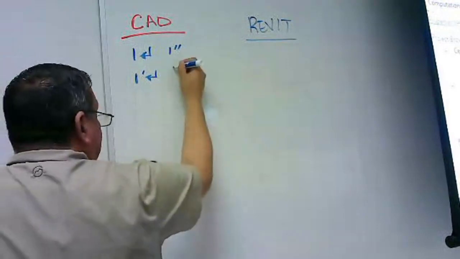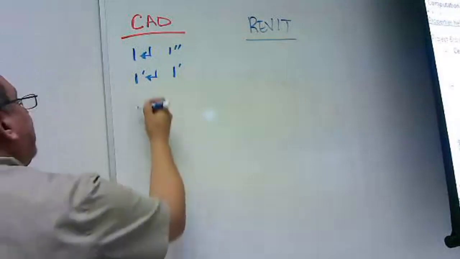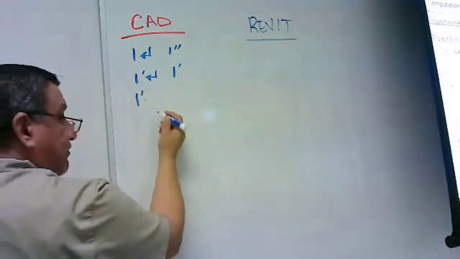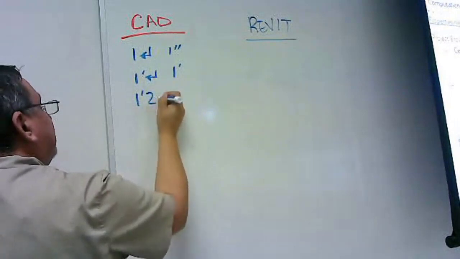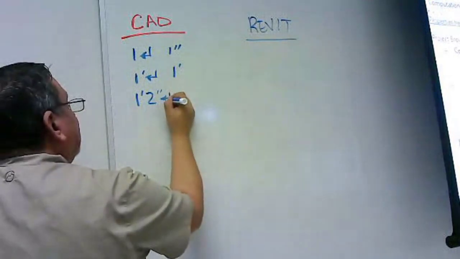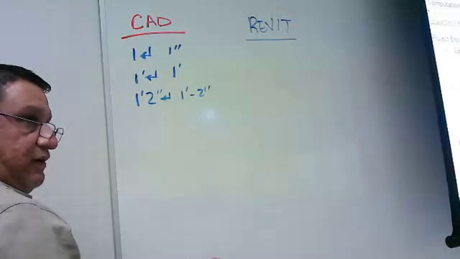So the line is 1 foot. If I want inches, I put the foot mark and then I can put 2, enter. So this is 1 foot, 2 inches, right?